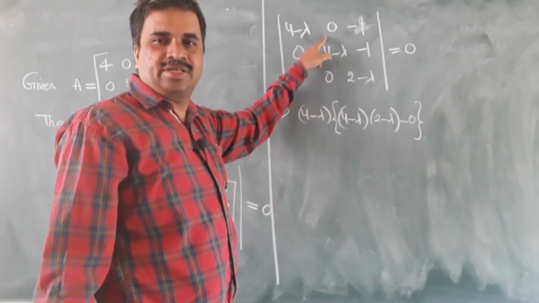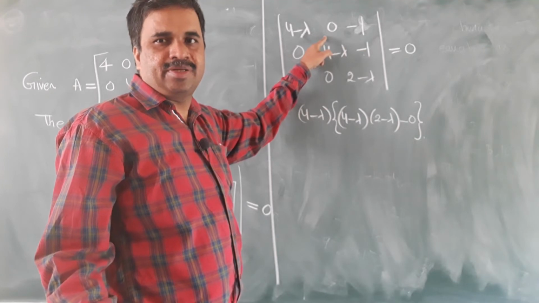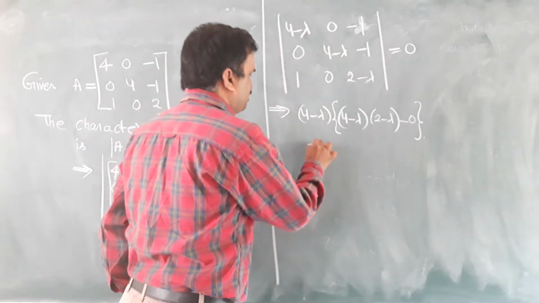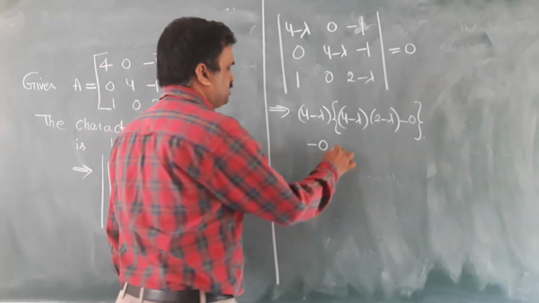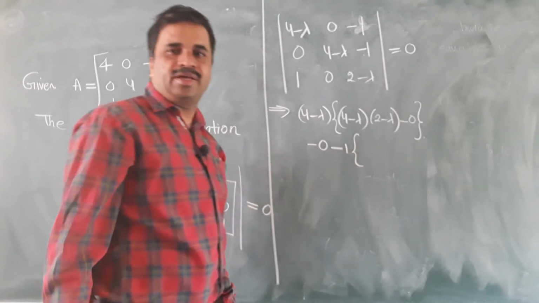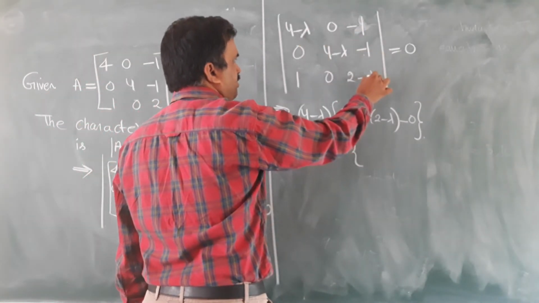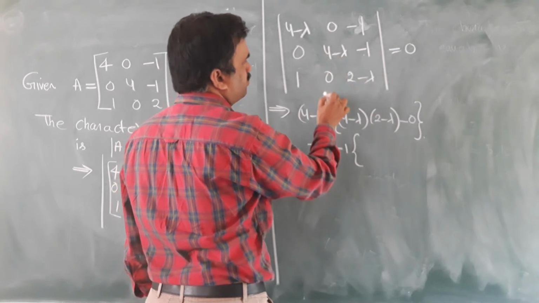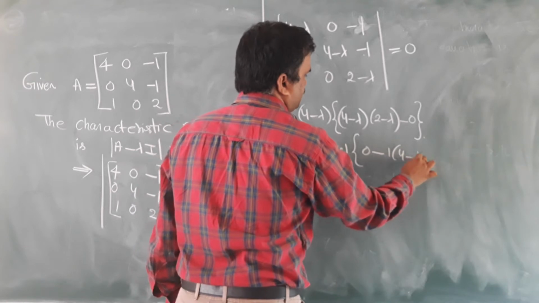Next, the second element is 0, so it becomes 0 only, because 0 into AD minus BC is 0. Plus, we have minus 1 into AD minus BC: 0 into 0 is 0, minus 1 times 4 minus lambda.